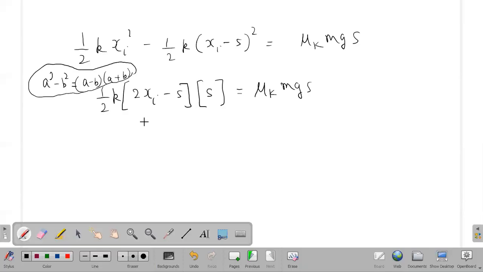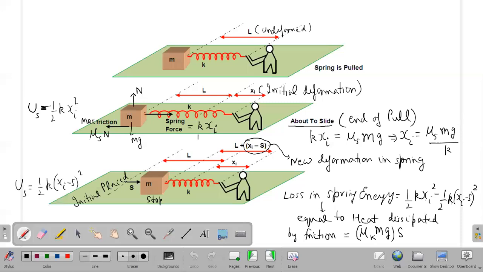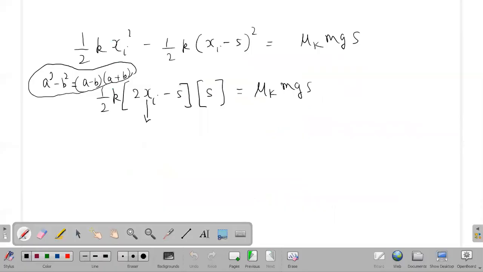Now you can replace the value of xi as mu s mg divided by k. I can cancel this S with S because I know that S is a non-zero number. The non-zero number on the left side and on the right-hand side can be cancelled, because we are sure that capital S is not equal to 0.